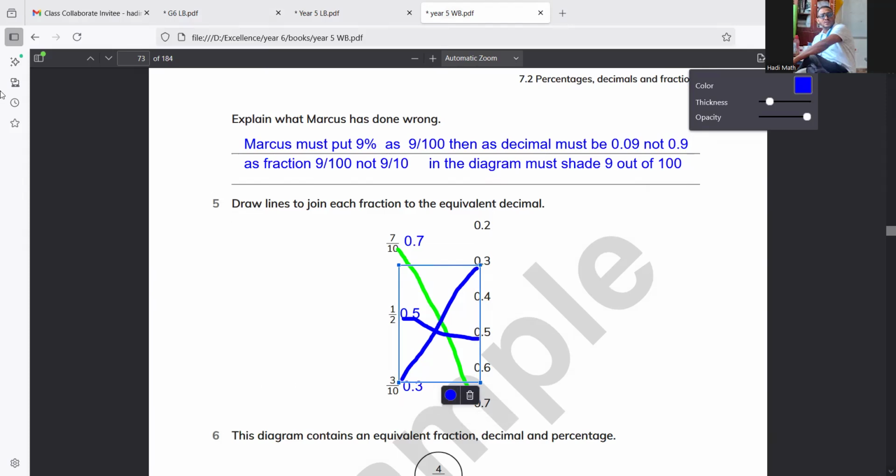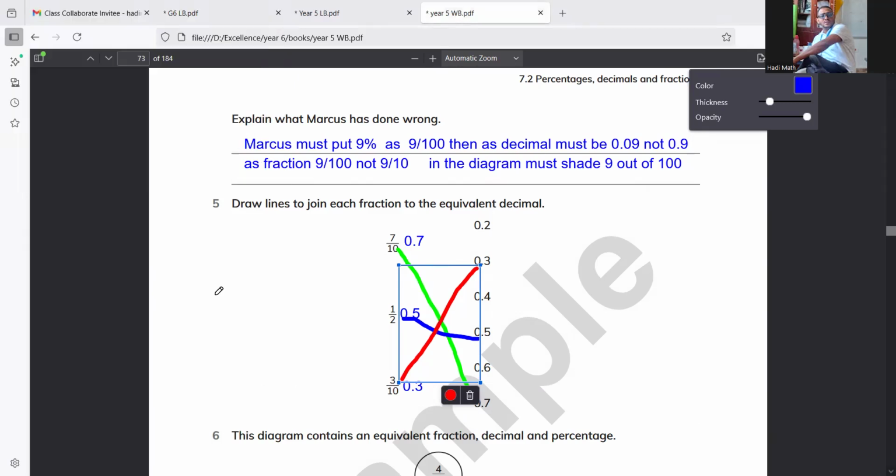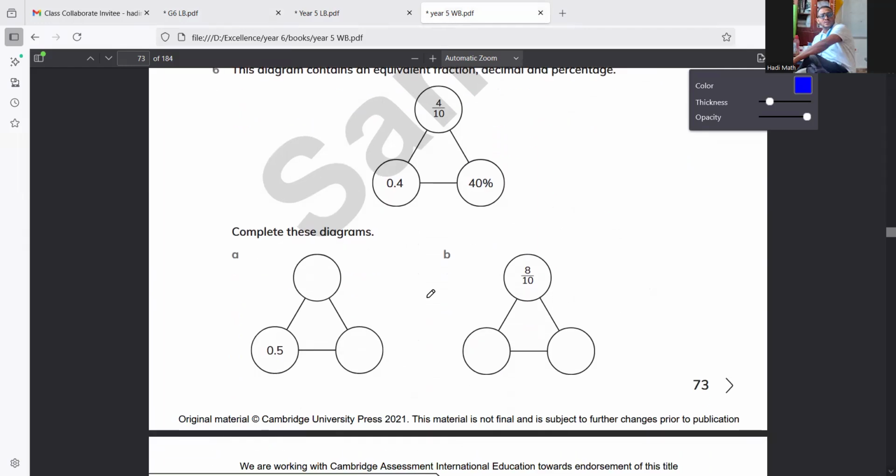Let's move to the question after. In this question, they said the diagram contains equivalent fractions, decimals and percentages. This is 4 over 10, which is equal to 0.4, which is equal to 40%. Complete the diagram. This is 0.5. 0.5 is a decimal.